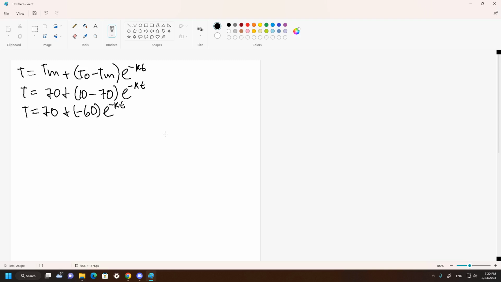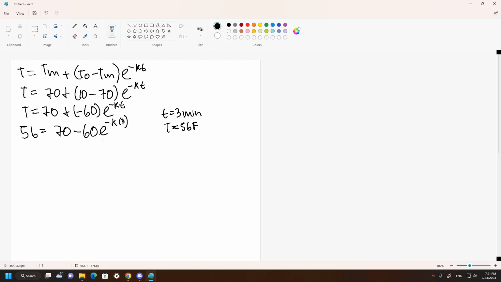Now we have to replace the t in the time with our initial values, which is the time is 3 minutes, and during these 3 minutes, the temperature was 56 Fahrenheit. So we had to replace it in this equation. So we have now 56 equal to 70 minus 60 multiplied by the exponent negative k times 3.